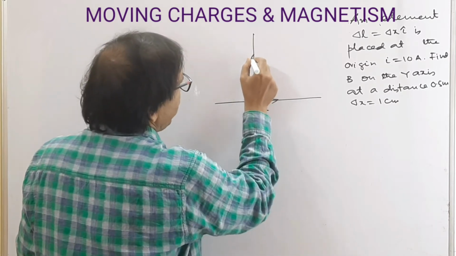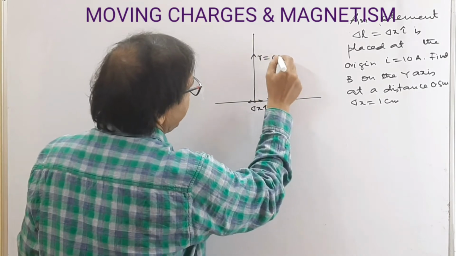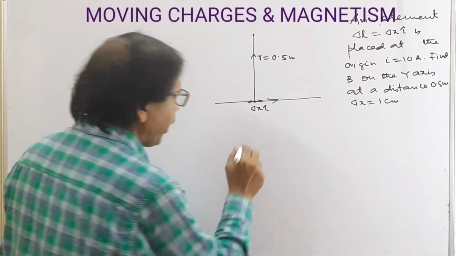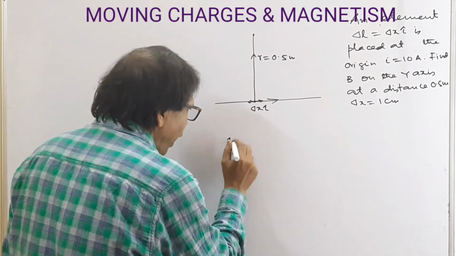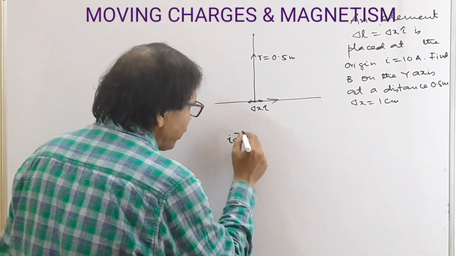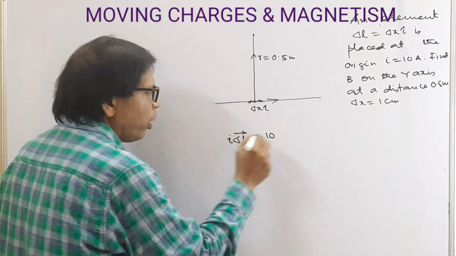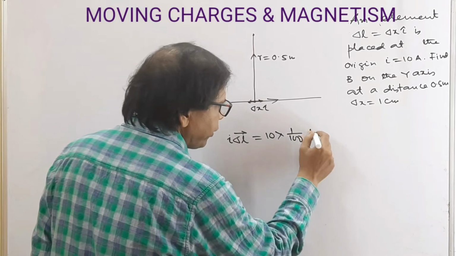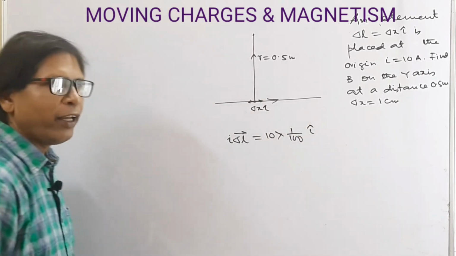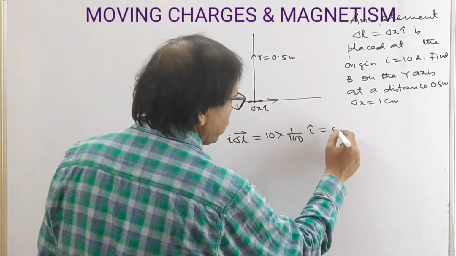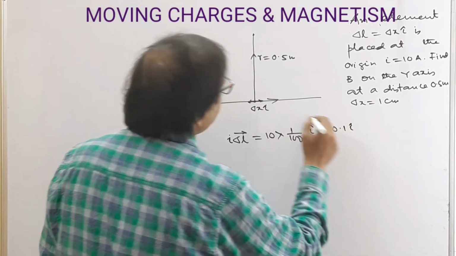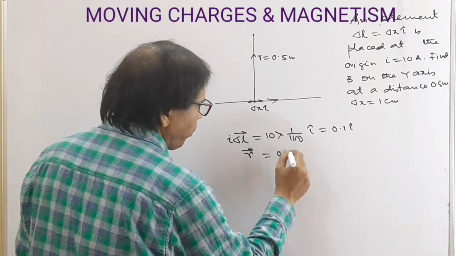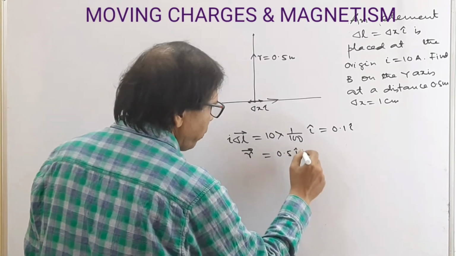We have to calculate the magnetic field at a distance of 0.5 meter on the y-axis. Here I delta L vector is equal to 10 into delta L, where delta L equals 1 centimeter, so 1 by 100. This is i cap, so this is 0.1 i cap. Now r vector is equal to 0.5 j cap meter.